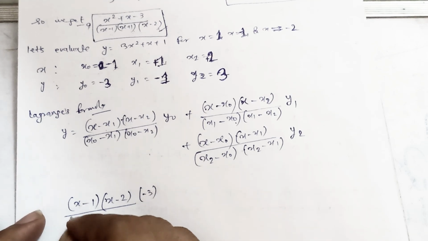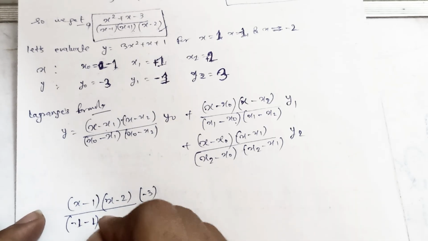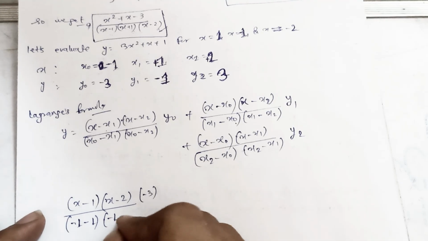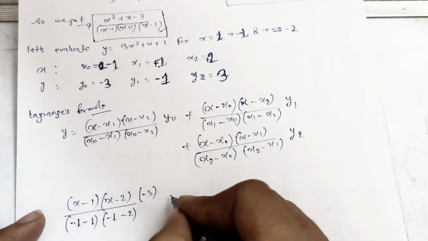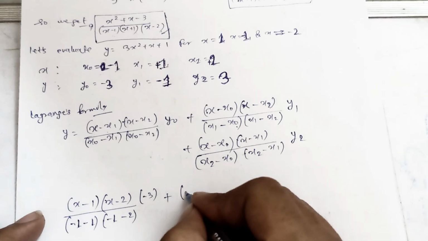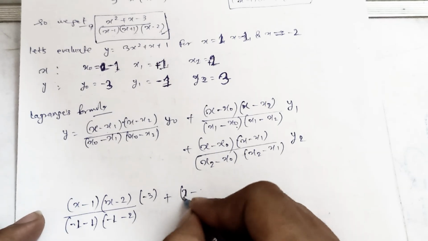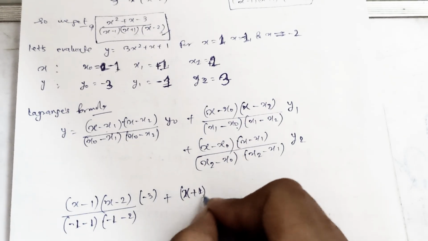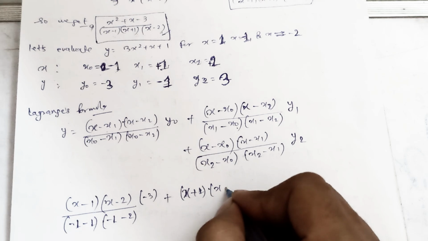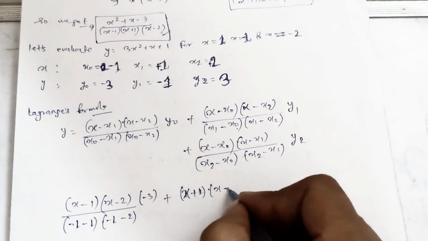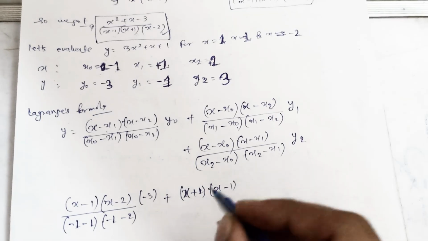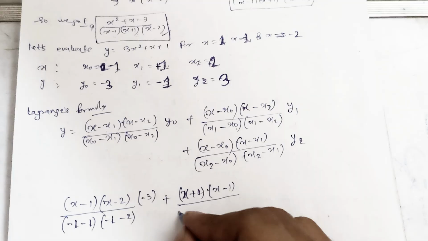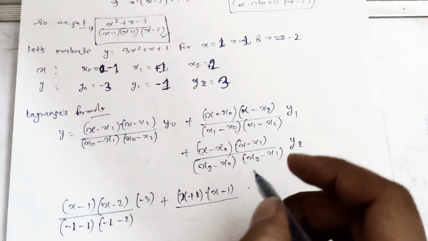In the denominator, x naught is −1, minus x1 which is +1, and x naught is −1 minus x2 which is 2. Then x minus x naught, where x naught is −1, so minus minus becomes plus, giving (x + 1), and then we use x − x2. Now we have to multiply it with y1, which is −1.